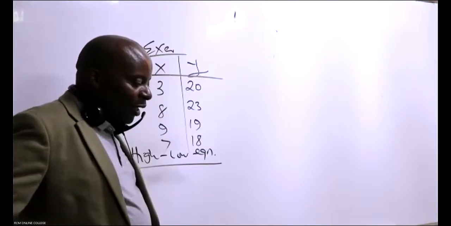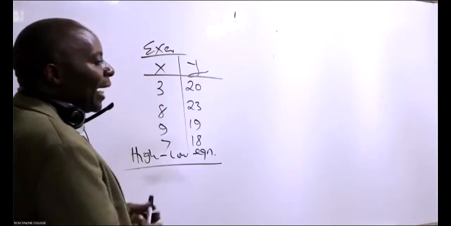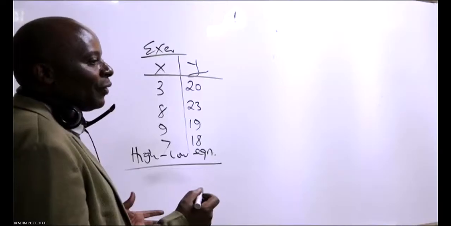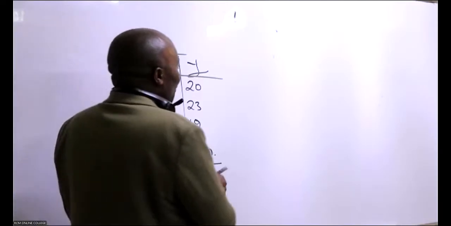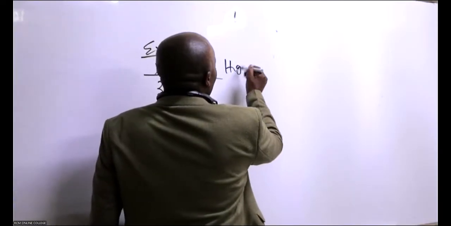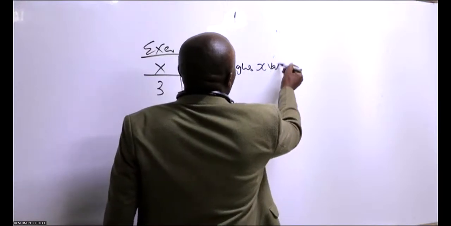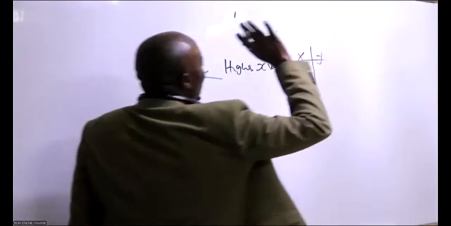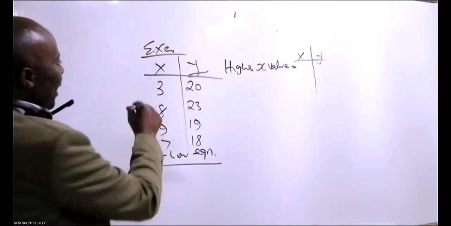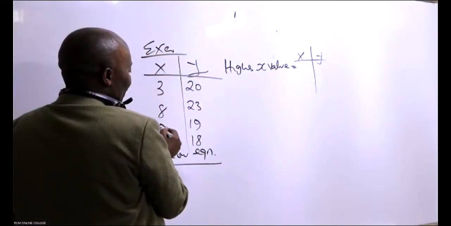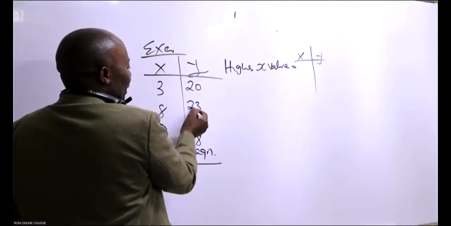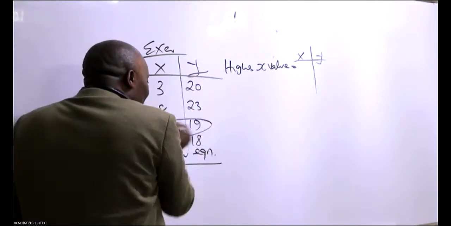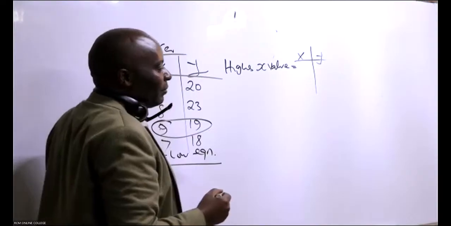So, ladies and gentlemen, kindly help me identify the highest x value point. When we talk of the highest x value, we are very categorical. We are not looking at y at all. So the highest x is what here, somebody? You don't say 9 and 23. It is 9 and what? 19.